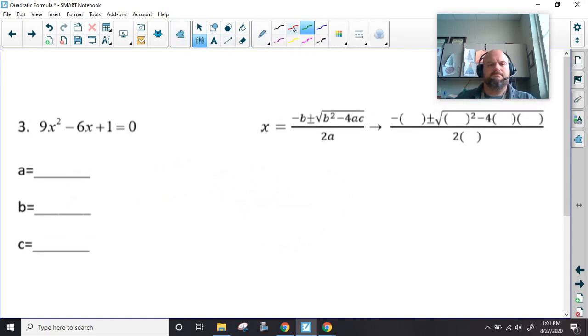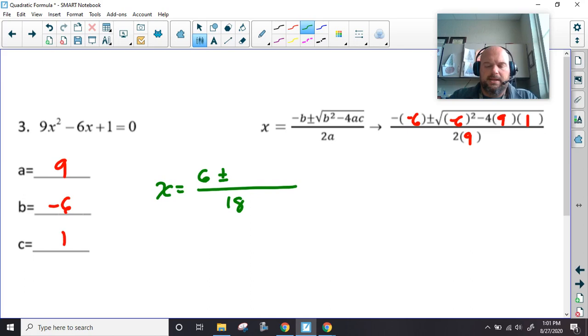All right, same process. 9, -6, 1. So -6, -6. This gets a 9 here, and a 9 here, and this gets a 1. Okay. So 6 plus or minus, this becomes 18. So now we got to do the stuff underneath the square root.